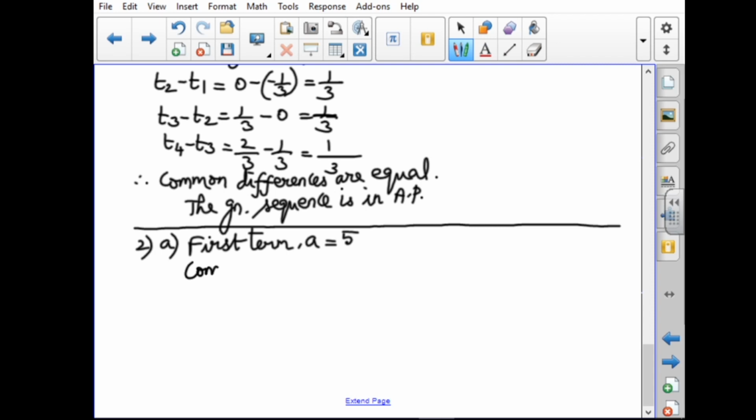Common difference, it is denoted by the symbol D. It is given as 6. To find the AP.